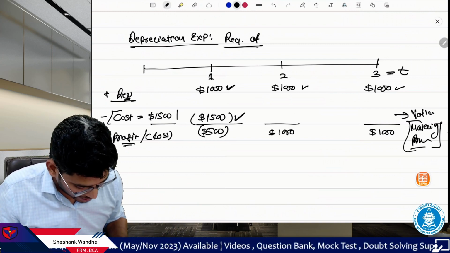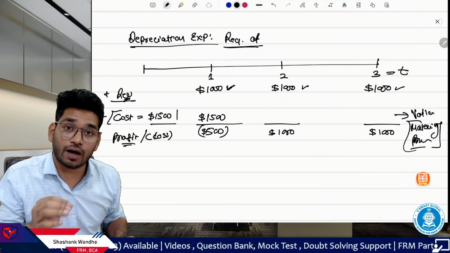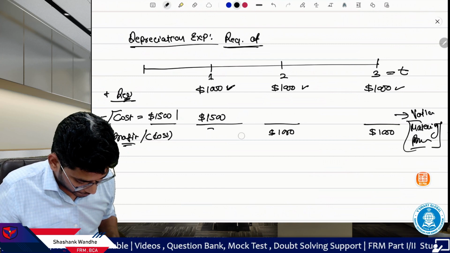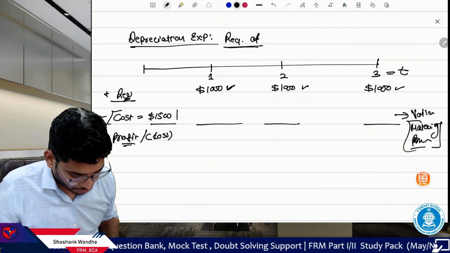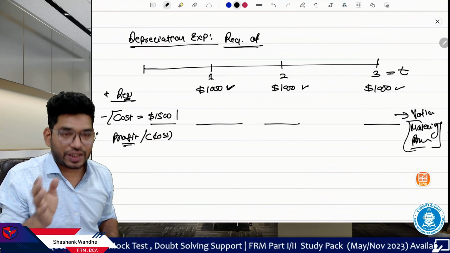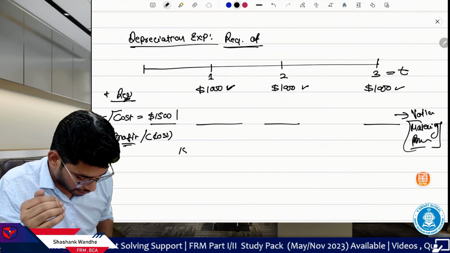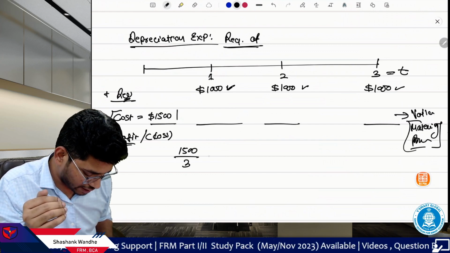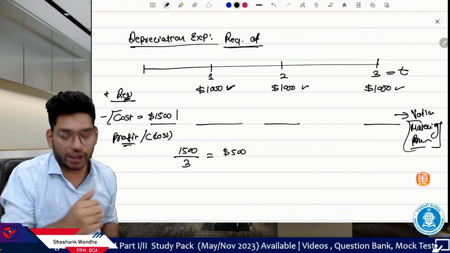Let's assume this laptop will work for 3 years, and using this laptop I will generate revenue for 3 years only. So simply, how much expense should I be charging every year? The answer is very simple. 1,500 is the total expense, and I will use this laptop for 3 years, so $500 in each year.